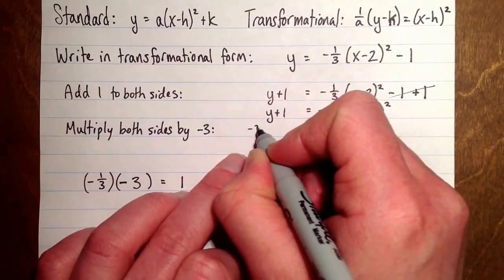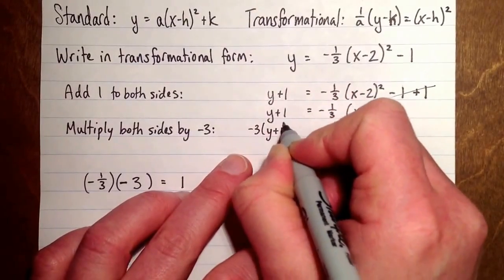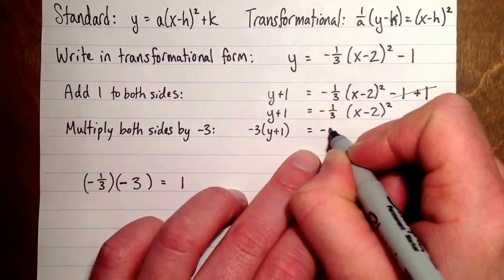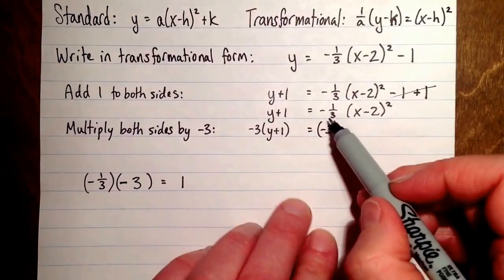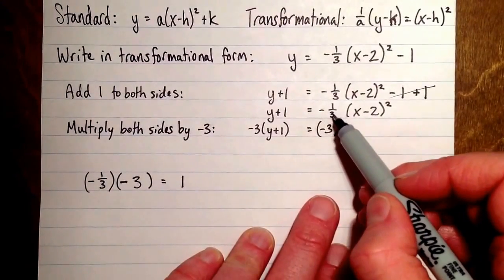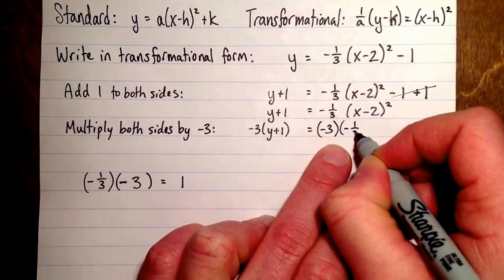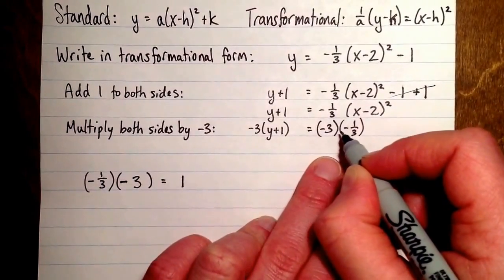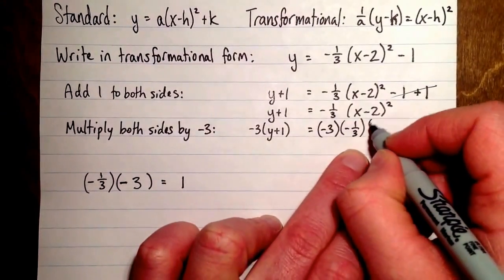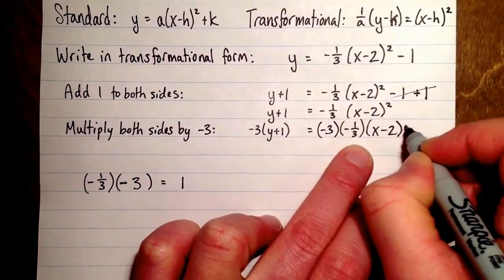So we have negative 3 times y plus 1 equals negative 3. Now, to show that it's not negative 3 subtract 1/3, we have to write that in brackets, because brackets mean there's no operation between them, so that means we're multiplying, times x minus 2 squared.